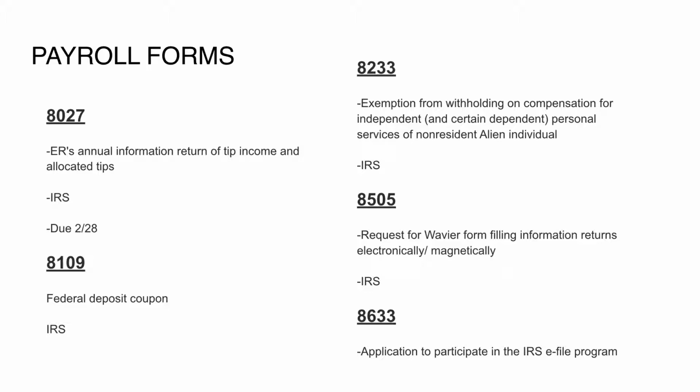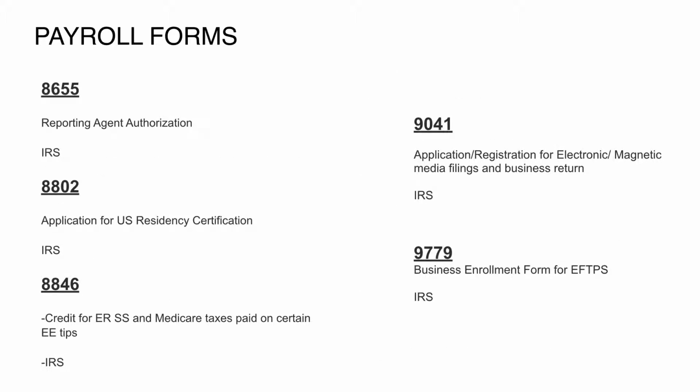Form 8633, Application to participate in the IRS e-file program. Form 8655, Reporting Agent Authorization to the IRS. Form 8802, Application for U.S. Residency Certification to the IRS.